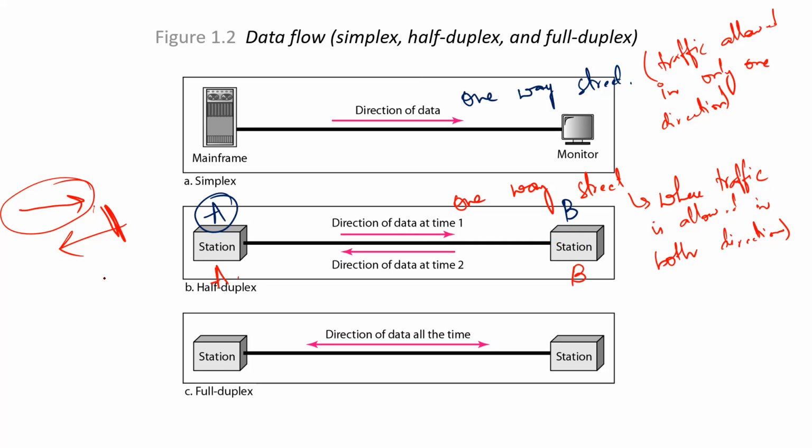Now, walkie-talkies and radios are examples of half duplex system. In the case of a walkie-talkie, if one person is speaking, the other should wait, listen to the entire thing, and then reply. So that is an example of half duplex mode.